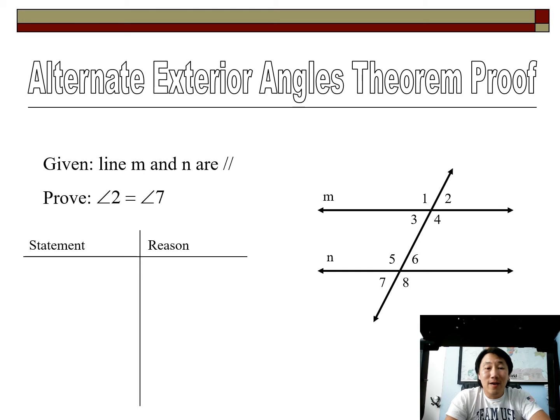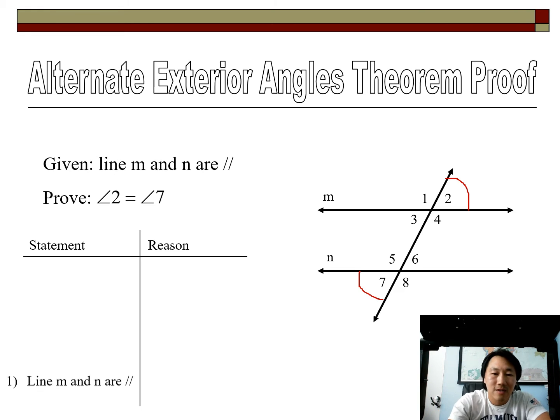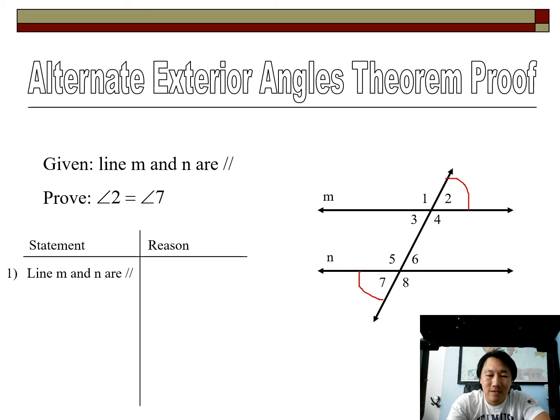Let's try another one, the alternate exterior angles theorem. We're going to try to prove that angle 2 is equal to angle 7. I told you that they were equal a couple of lessons ago, but now we have to show why they're equal. Again, we start off with the same thing. Always start off with the given.